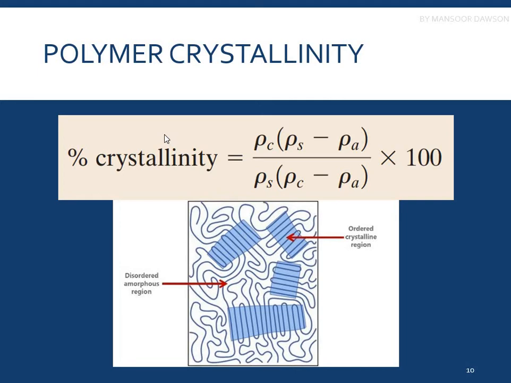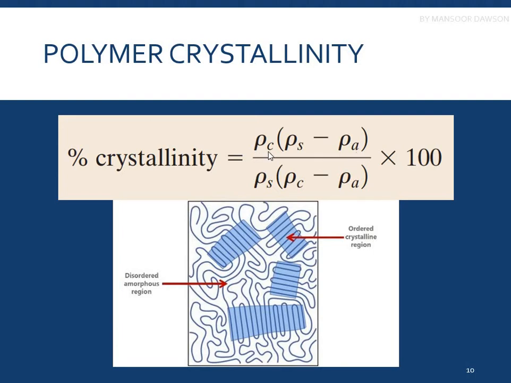In polymer crystallinity, the percentage crystallinity means how much of your polymer is crystalline. As you can see, it depends on the bulk density, the density of the crystalline phase, and the density of the amorphous phase.